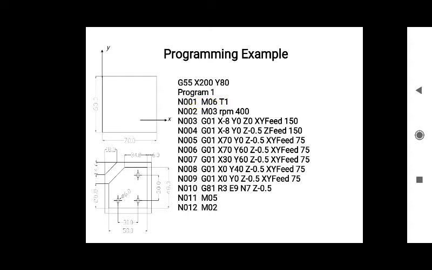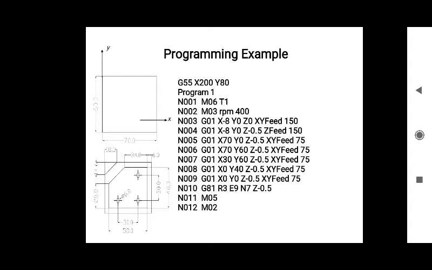N001 is nothing but the sequence number of the block. M06 is for a tool change, that is, we are going to change the tool to an end mill with a diameter of 12 mm, and T1 is the tool number. The end mill cutter's tool number is 1, which we are assuming in this programming.